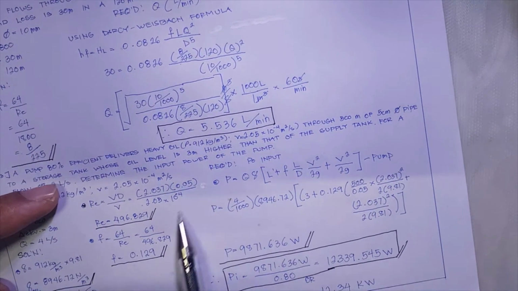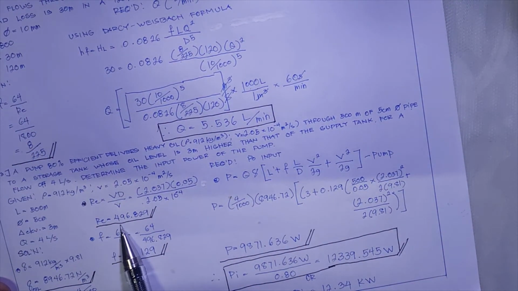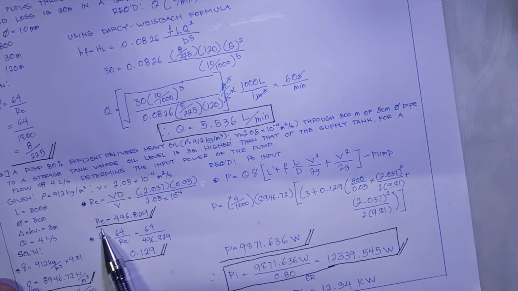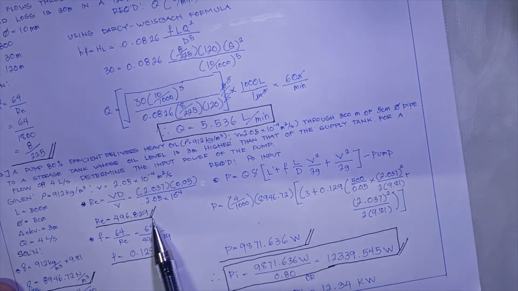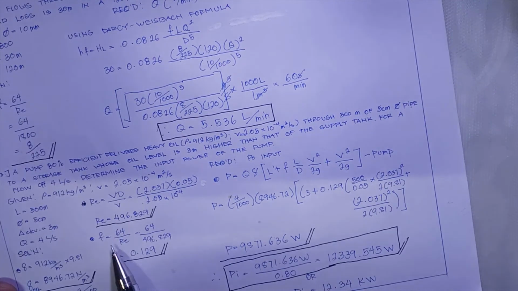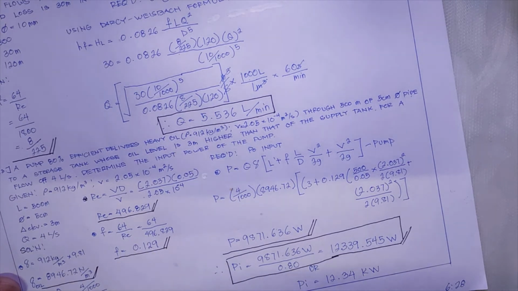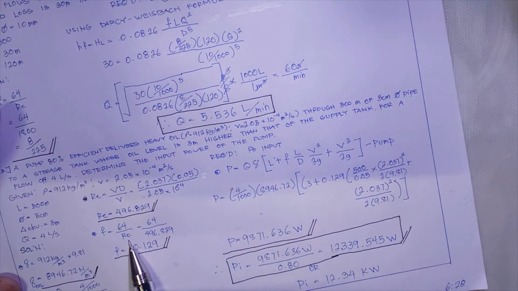And then we'll have the Reynolds number, which is equal to 496.829. Then we will find the value of F using the given formula 64 over Re. So substituting the value of Re, 64 over 496.829, we'll have F equal to 0.129.